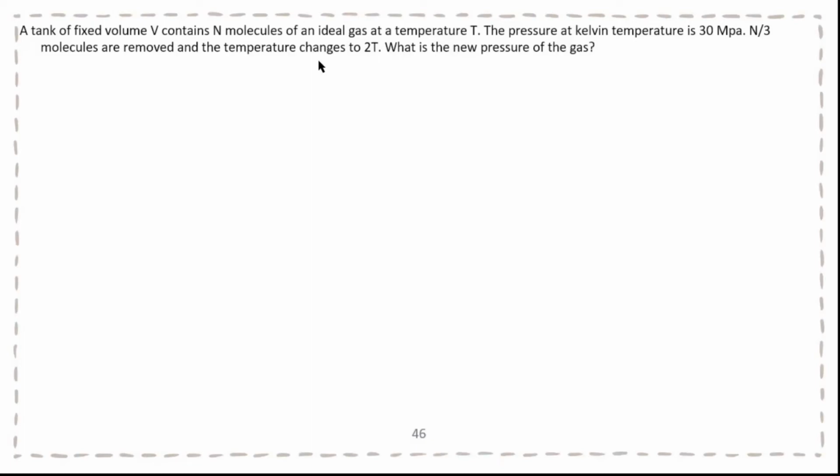So the pressure at that temperature is 30 megapascals. So N over 3 molecules are removed. Okay? And the temperature changes to 2 times the initial temperature. So we are asked to calculate for the new pressure of the gas.